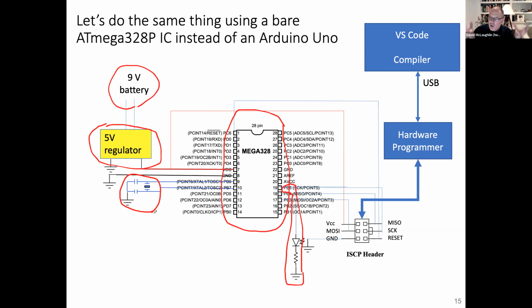We have to put all this provisioning on there, all the circuitry just to make the chip go. Then we would have to get a piece of hardware called a programmer. That actually is the hardware and software interface between your laptop and the chip itself, and it serves to accommodate the downloading process.